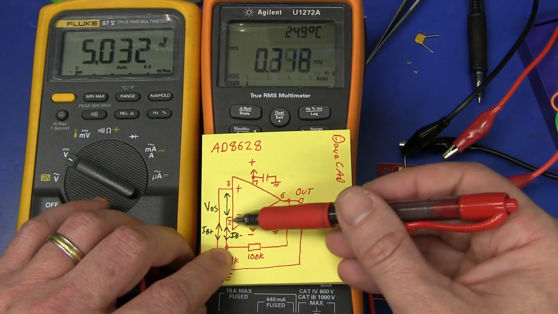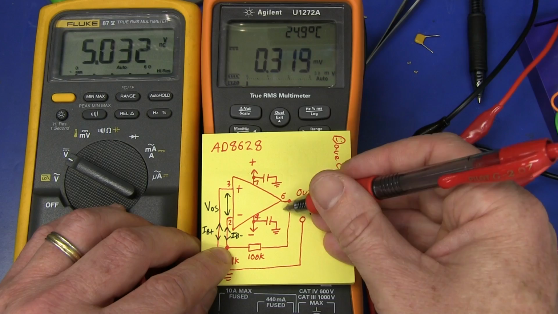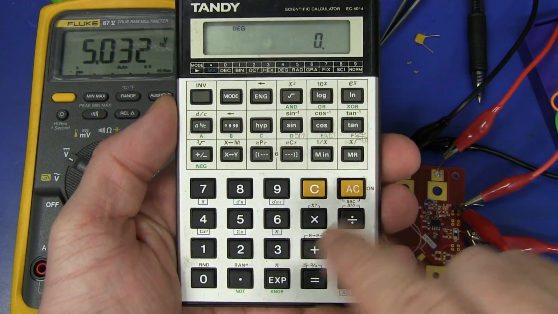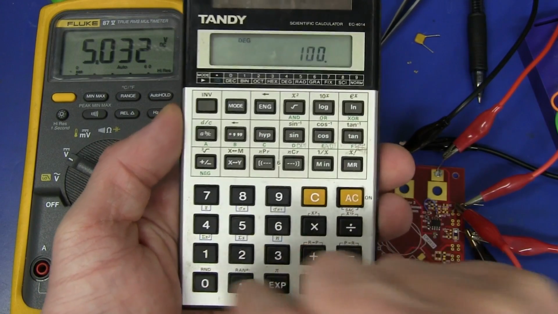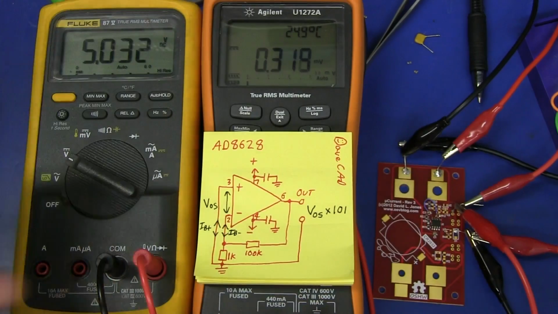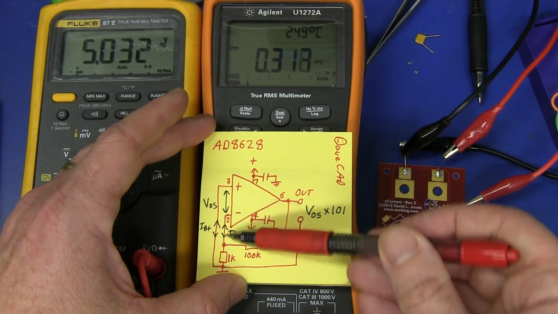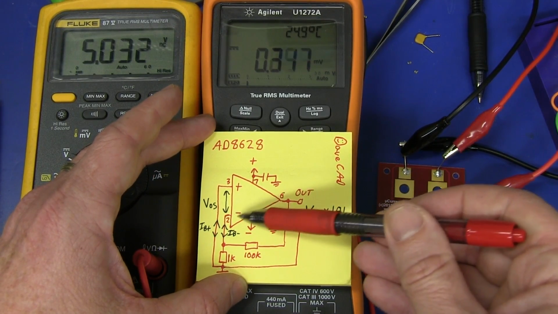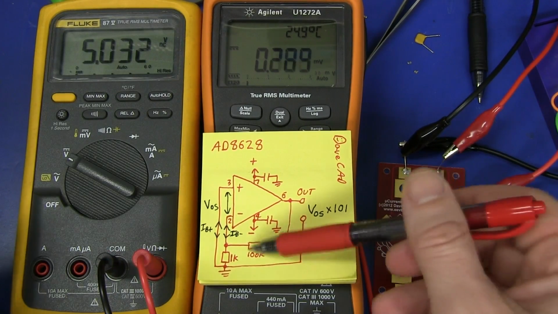So all the input bias current, that whole 30 picoamps, typical, is coming through that 100K resistor. So let's do the math here. 30 picoamps times 100K equals 3 microvolts. So we're getting 3 microvolts error just due to the current going in there, the input bias current into that inverting input there. But the gain of the op amp, of course, is 100.